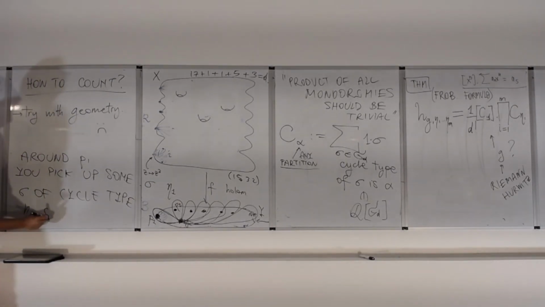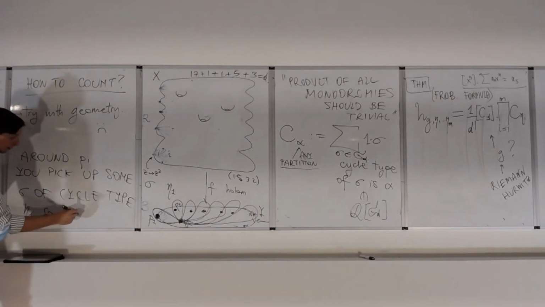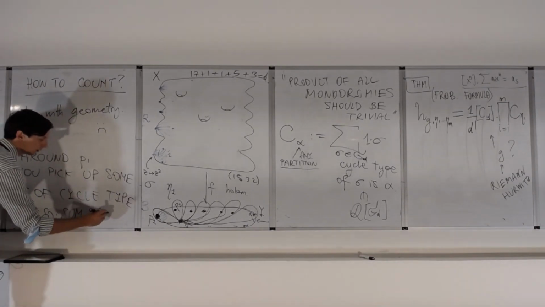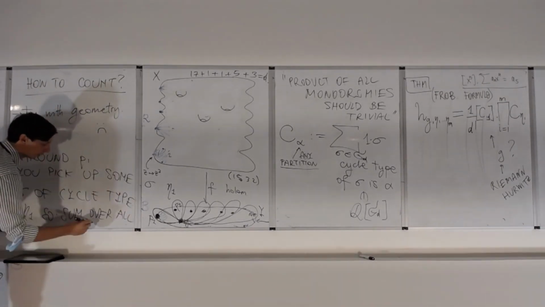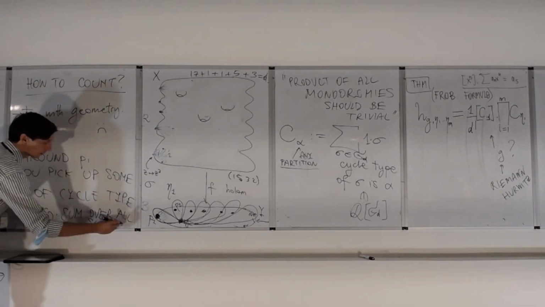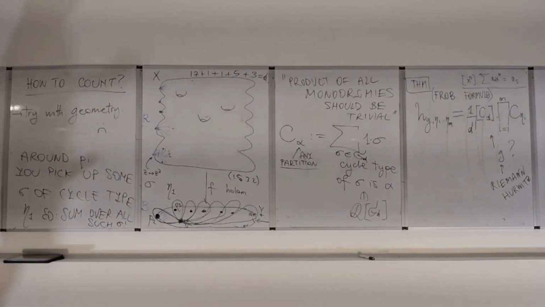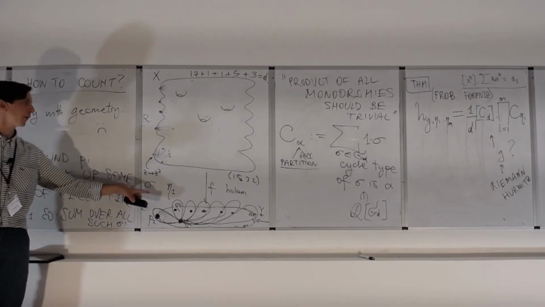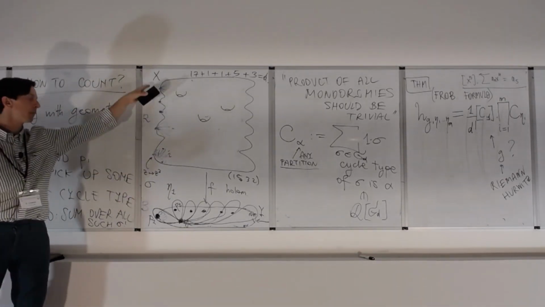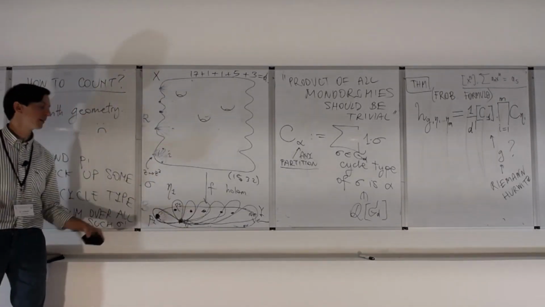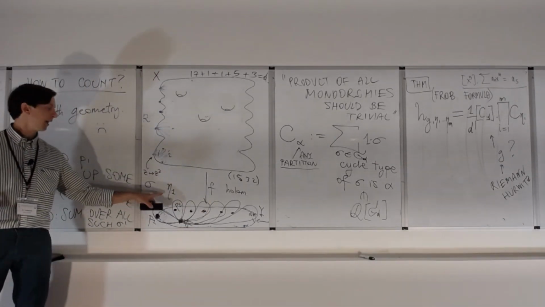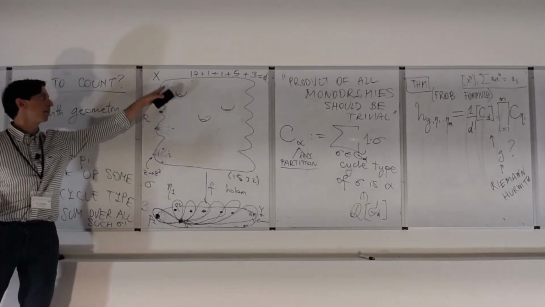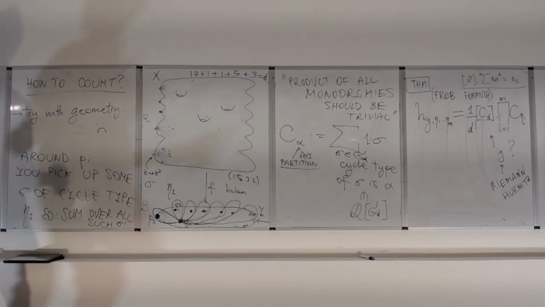So sum over all such sigmas. If you want to count every map, you need to sum over all sigmas that you can pick up by doing this loop, if you want to count all f's such that the cycle type is given by the partition over here. Does that make sense?